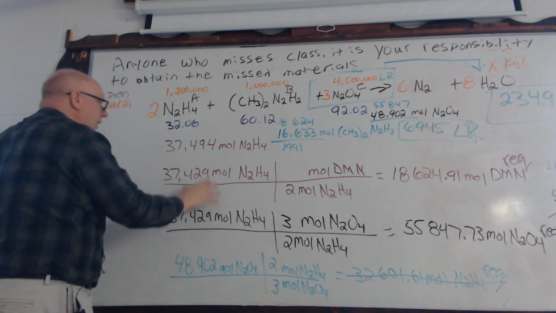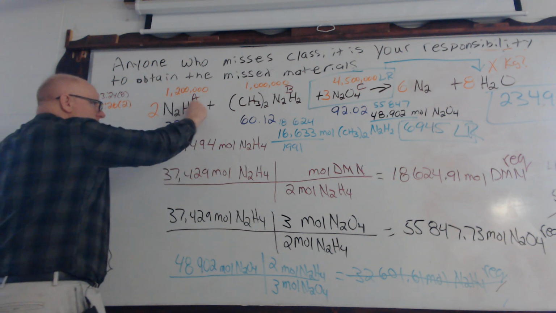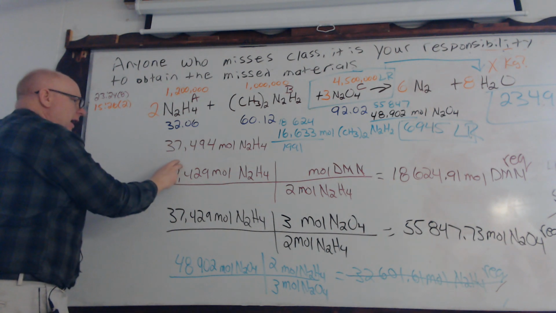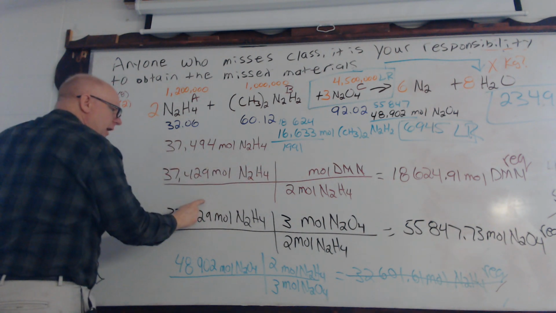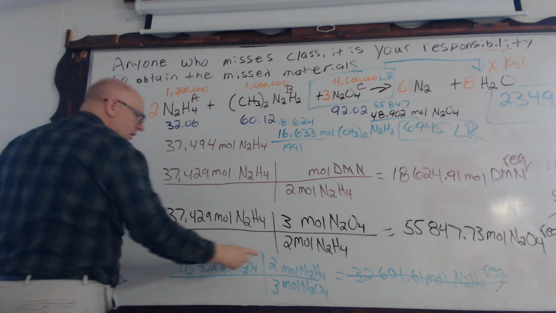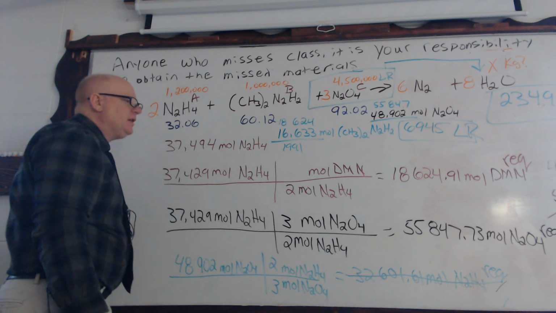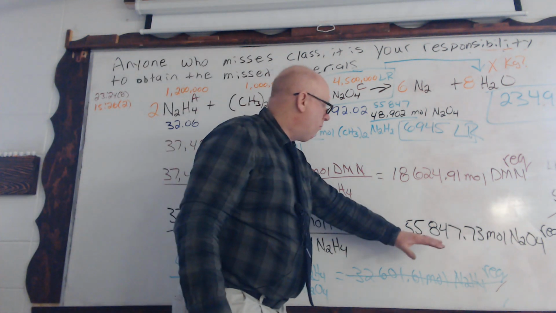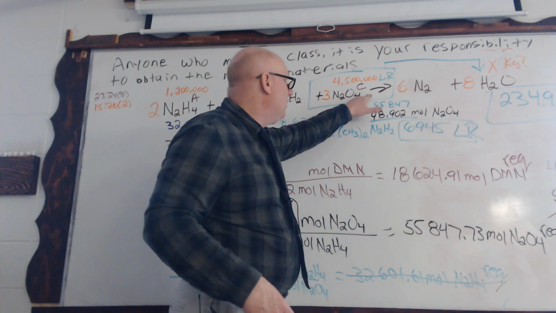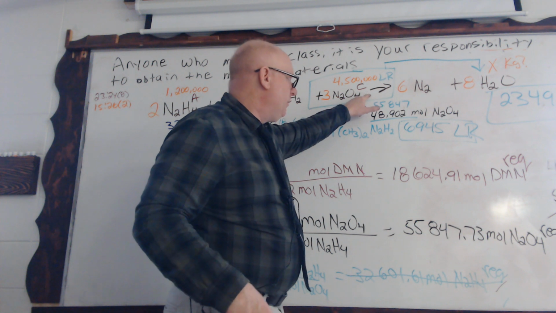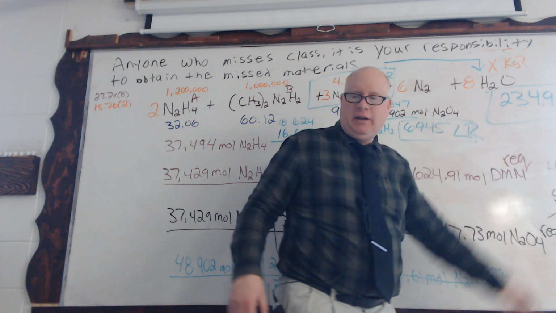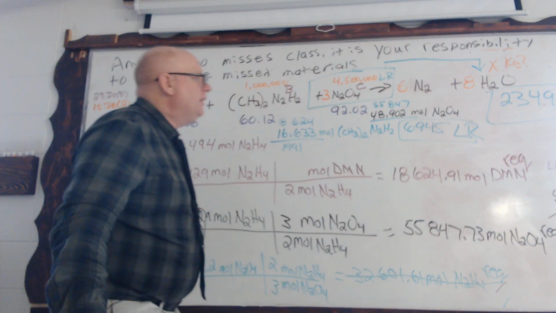This is playing battleship by converting moles of A to letters B and C. Letter A to B, A to C, and this one's converting letter C to A. So we see by far more of a discrepancy short with this compound, so therefore this is your limiting reactant, giving you approximately 2,350 kilograms of water released into the atmosphere.